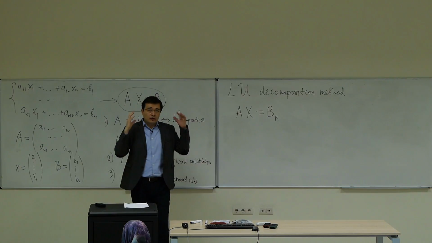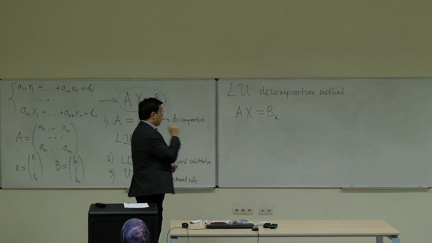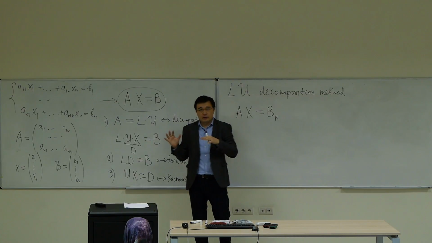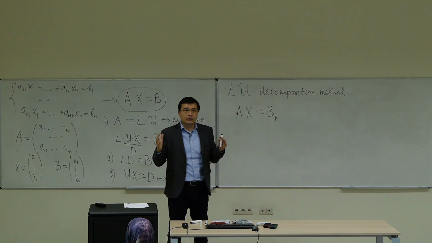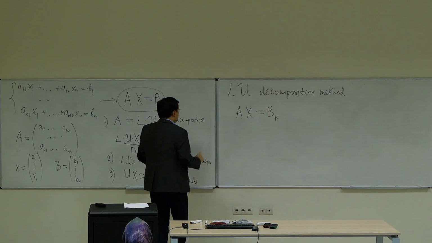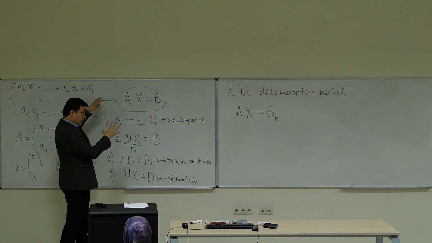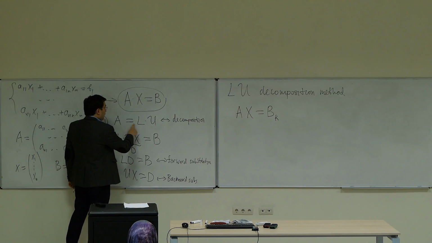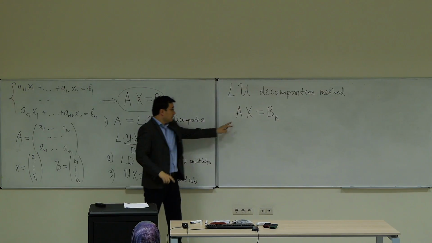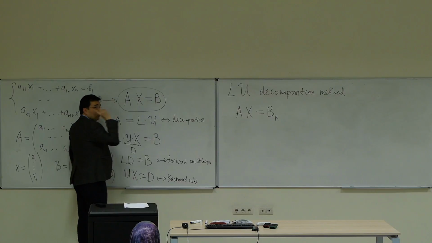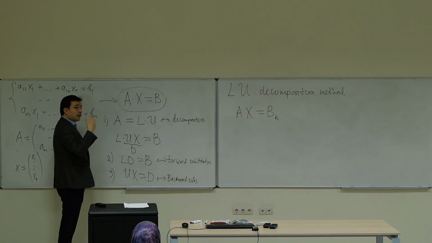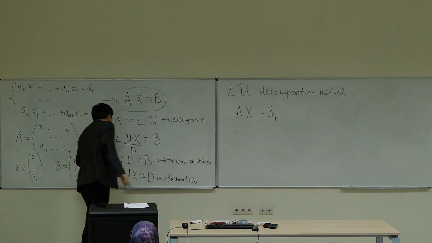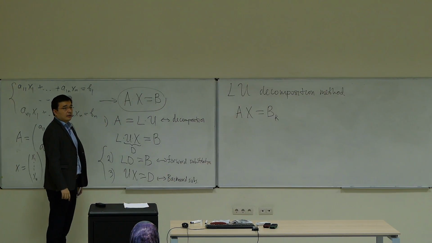Let's say your matrix A is given, but there are 1,000 different versions of B. In that case, the decomposition step you do not need to repeat again and again because matrix A is fixed. You do it once, and for the rest of the values of B, you just do the other two steps.